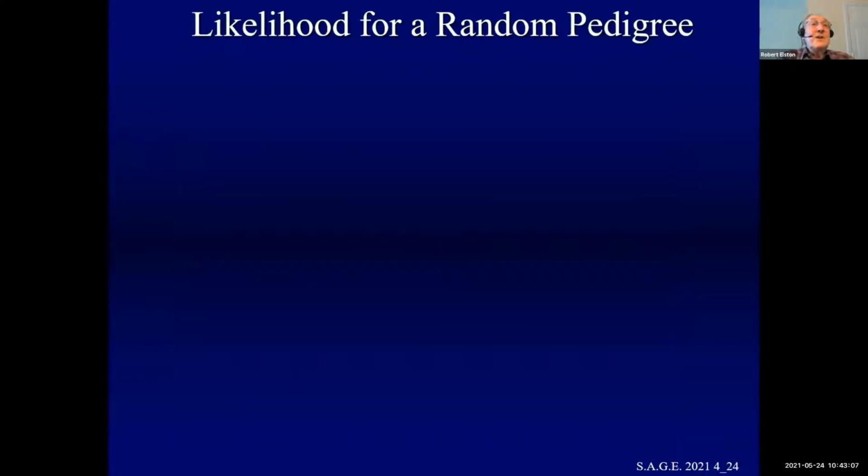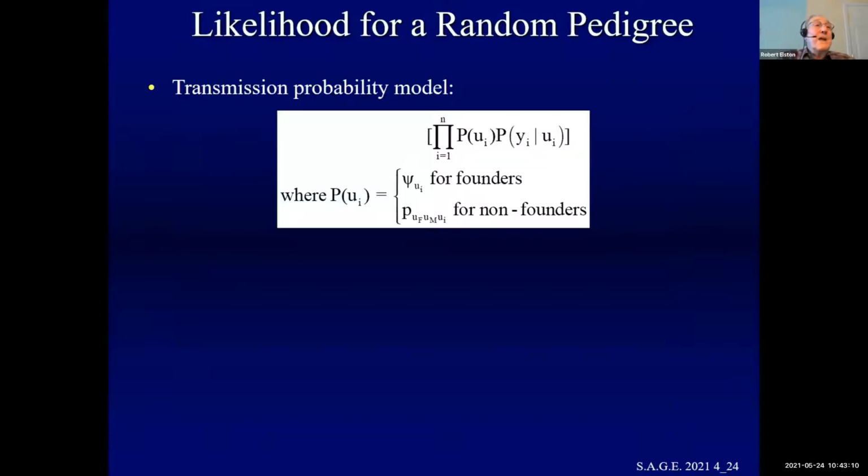So what's the likelihood for a random pedigree? This shows you what I didn't understand before. If you know the genotypes, you can write it simply as the probability of U times the penetrance function, the probability of Y given U. And then since you don't know them, you sum over as many types as you want for each individual.